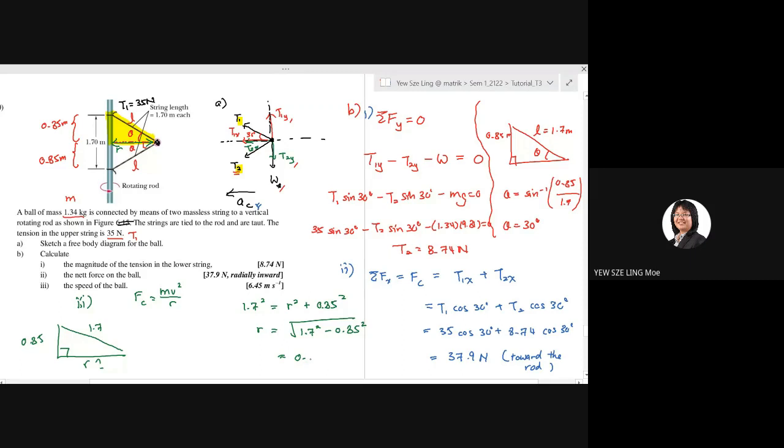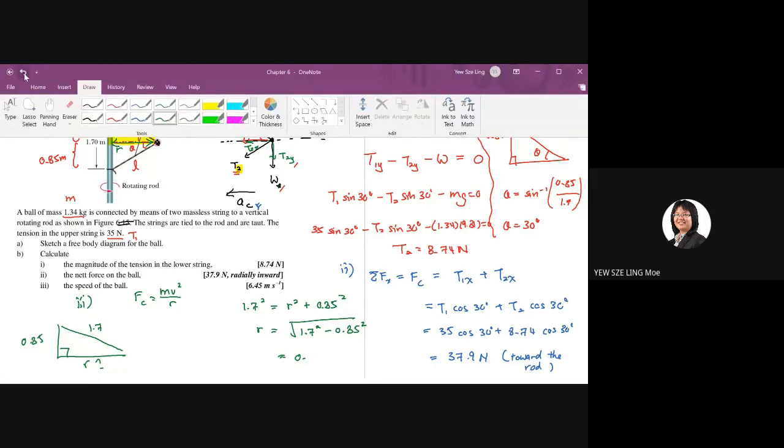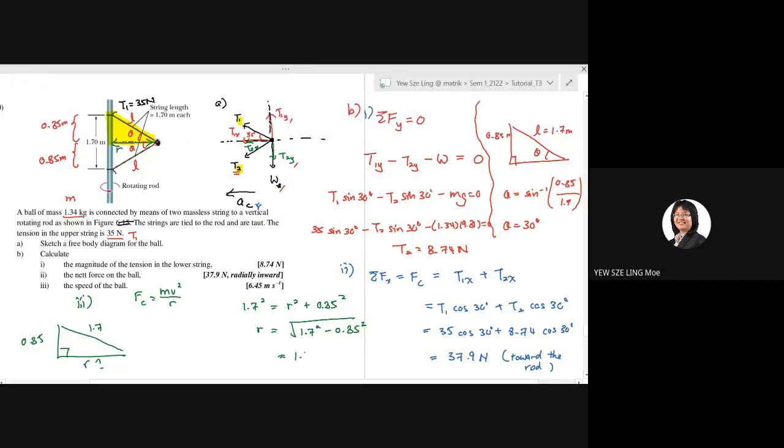I got 1.47. So 1.47 meter. If you got 1.45, no problem, maybe because of the decimal places that you use. So 1.47 meter, that is based on my calculations.